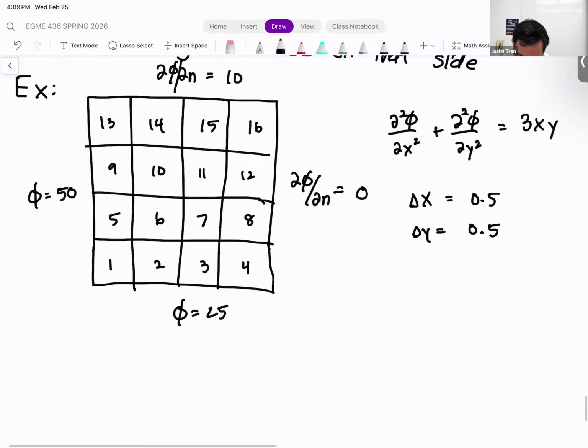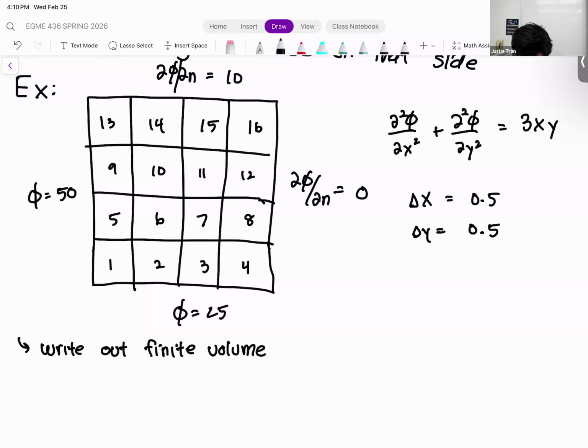So let's write out the finite volume equations. Let's do cell 10, cell 12, and then cell 13.